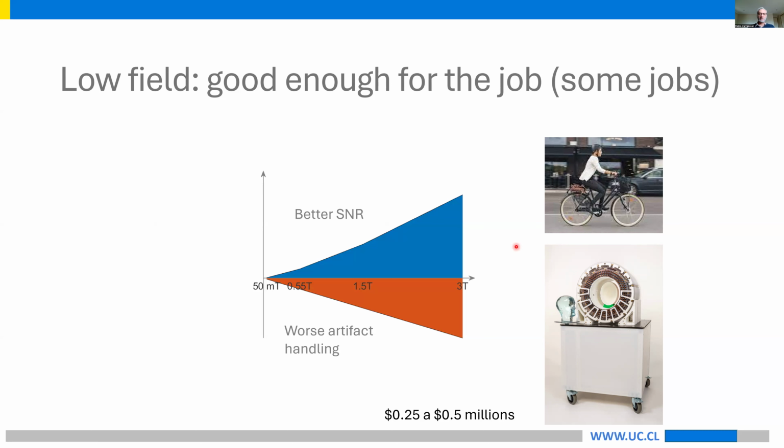So I see these low field scanners, the ones you're going to build, as suitable for only a few clinical applications which can benefit from a low-cost scanner, but they're not going to solve all the imaging problems.